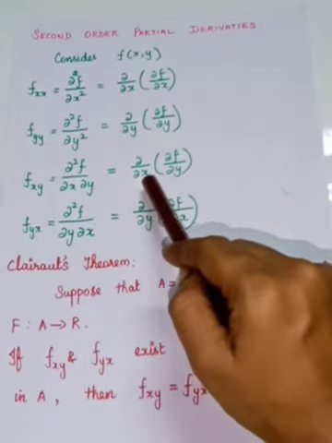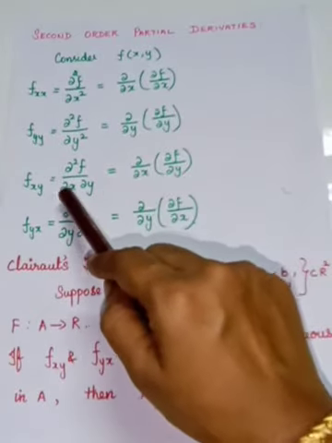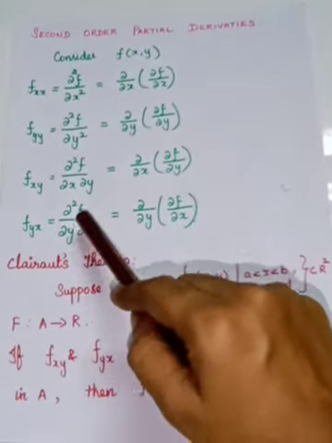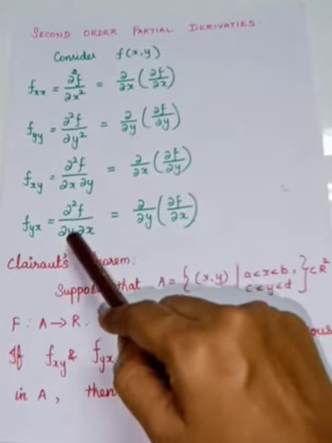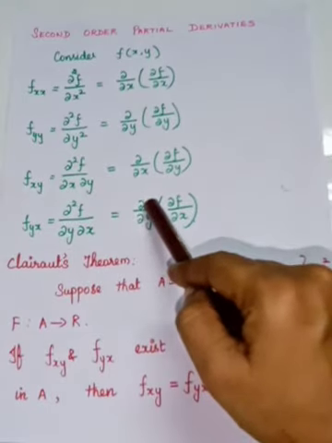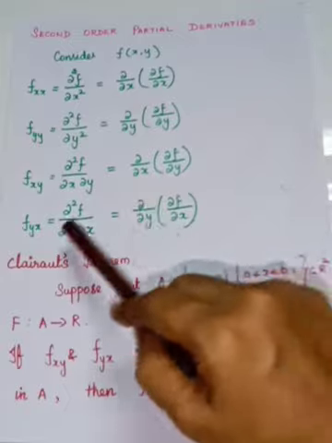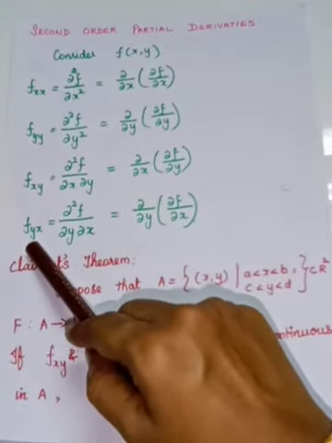It can be written ∂/∂x of ∂f/∂y. And ∂²f/∂y∂x can be written as ∂/∂y of ∂f/∂x. It is also denoted by fyx.